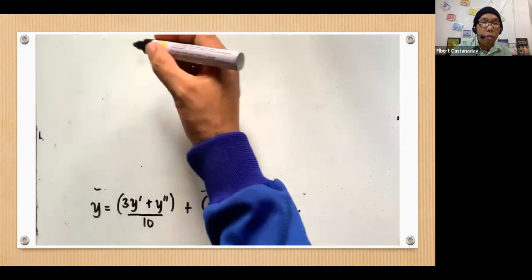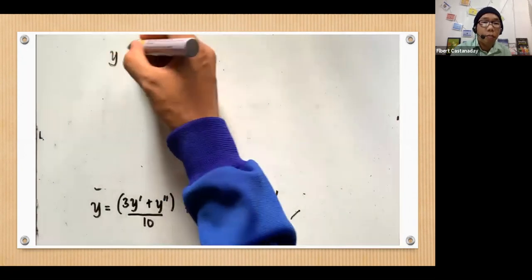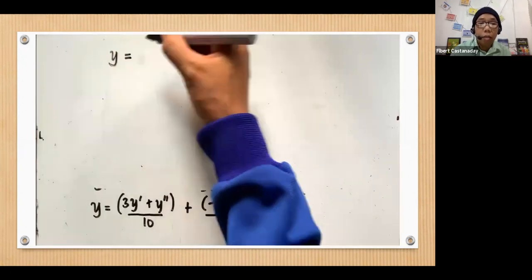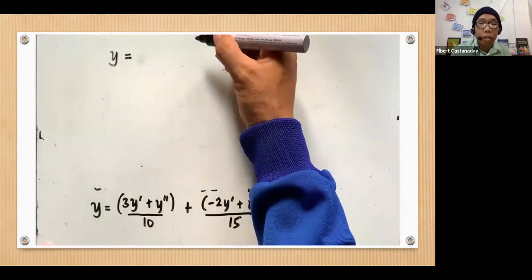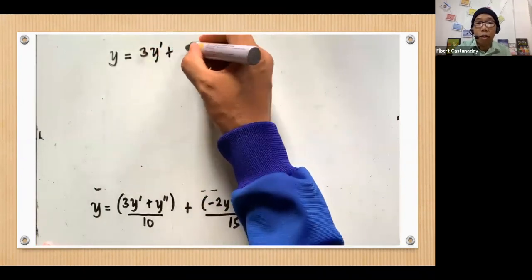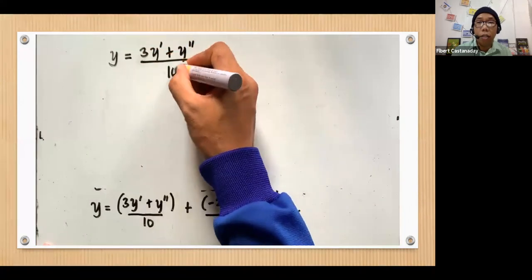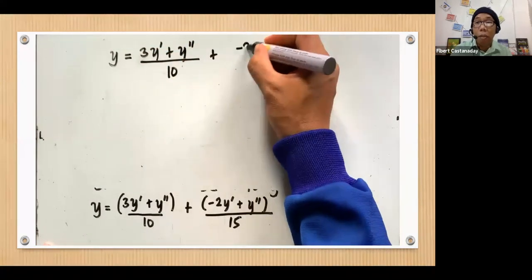Now we rewrite again the equation. Any questions, guys, while I'm rewriting the equation here? This equation is free from arbitrary constants, so the next step will be simplifying.